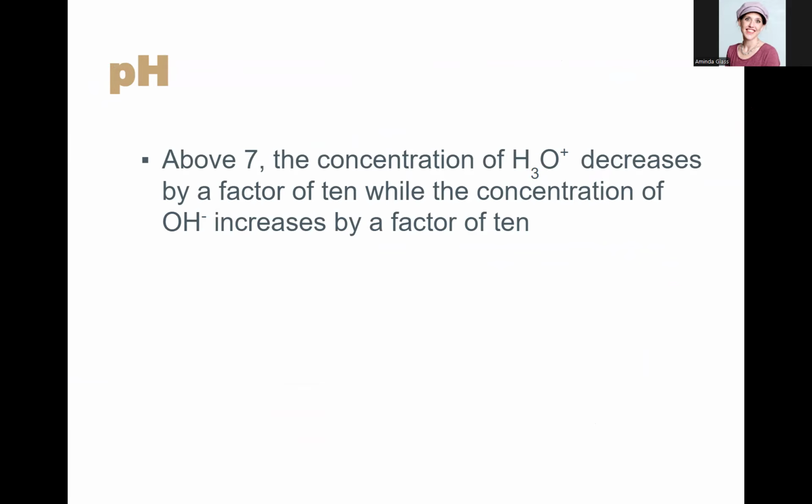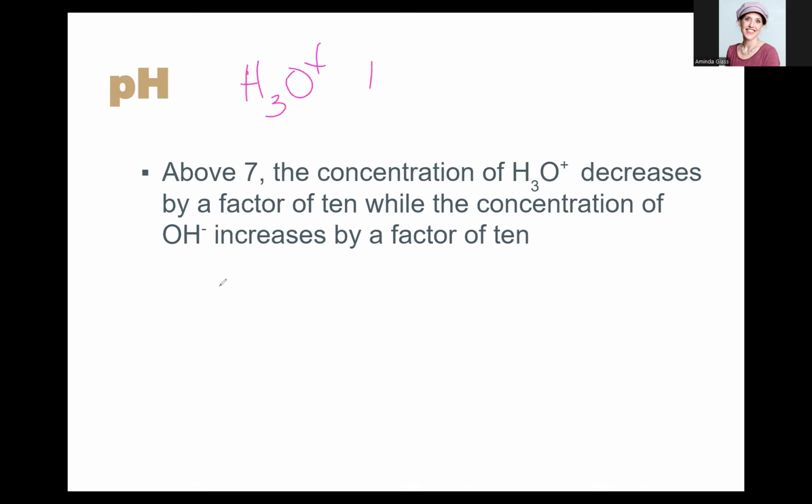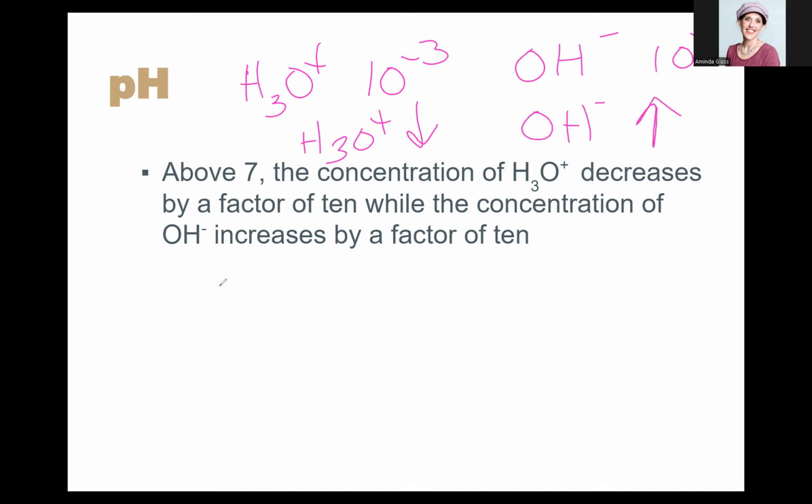Because, of course, the exponents: if your hydronium ion is 10 to the negative 3, your hydroxide ion would be 10 to the negative 11. So as your hydronium ion concentration decreases, your hydroxide ion concentration will increase. So as we go above 7, the hydroxide ion concentration is much larger than your hydronium ion concentration.